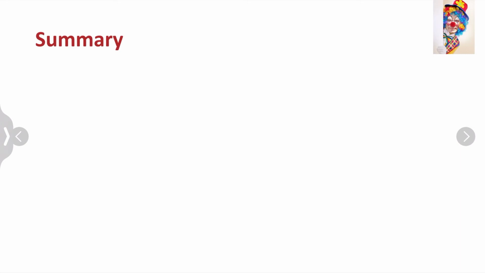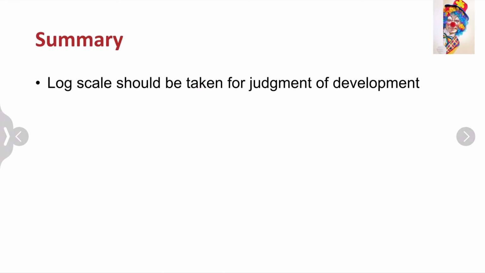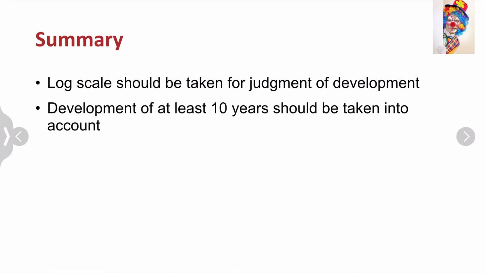What can be summarized? First of all, a log scale should be taken into account if we want to judge the development of an asset. I think that's important. In a linear scale, you don't see anything. And a development of at least 10 years should be taken into account to see how long bubbles last.